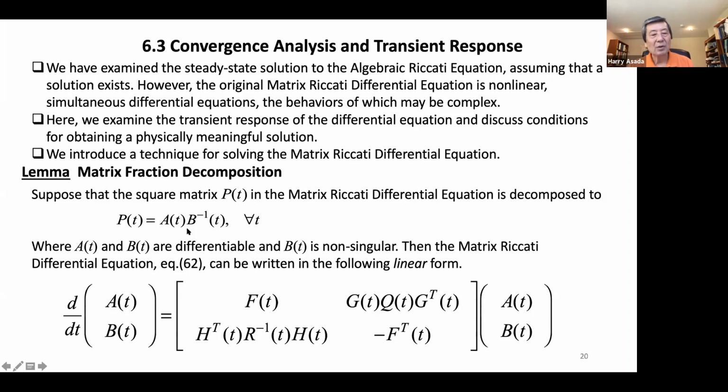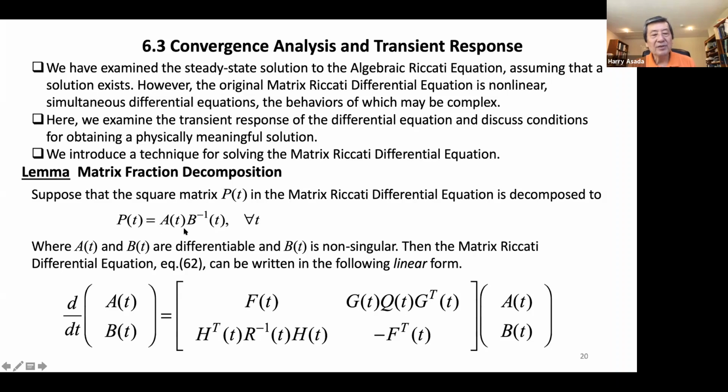This must be well defined: A(t) and B(t) must have consistent dimensions, and B(t) is non-singular all the time. So we decompose P(t) into these two, A(t) and B(t), the two matrices that we would like to obtain for constructing P(t).